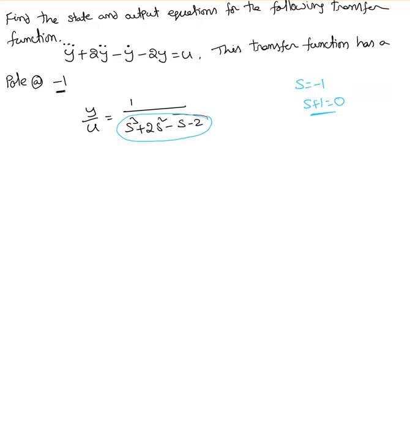To find the remaining 2 poles, I'm going to do the long division. I'm dividing s cube plus 2s square minus s minus 2 by s plus 1. So I multiply s plus 1 with s square, giving s cube plus s square. Subtracting, it's s square minus s, plus s, so that's s square plus s.